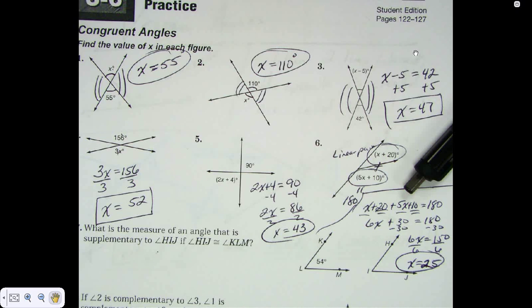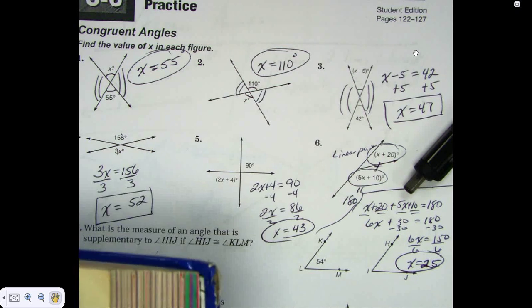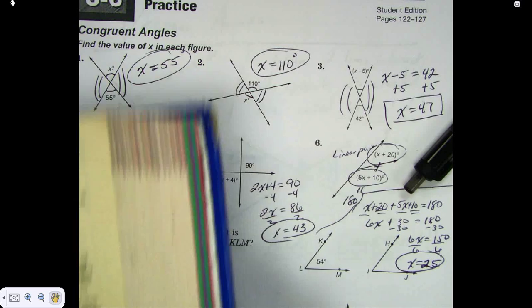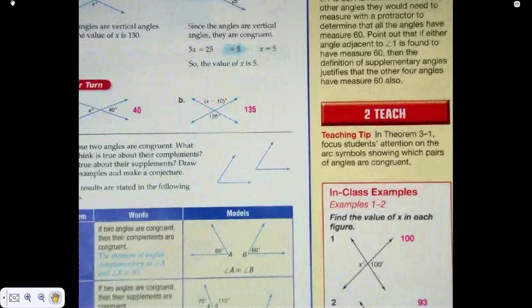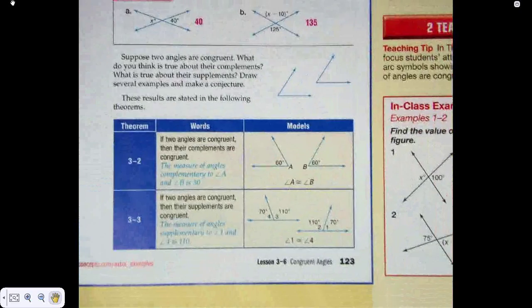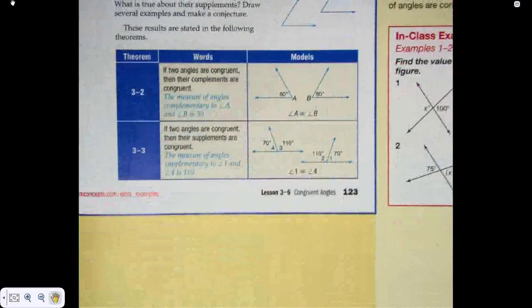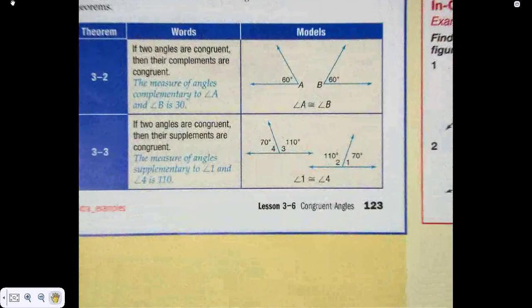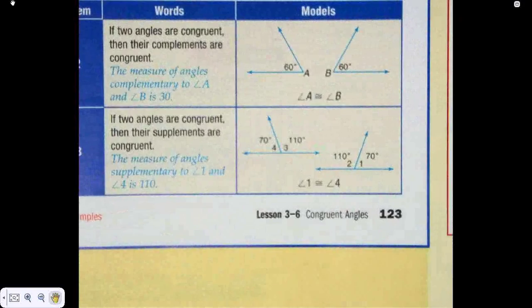Everybody got that down? Okay. If everyone will look at page 123. The reason I don't want to really write these down is I think we can talk about them and they'll make sense if you can.